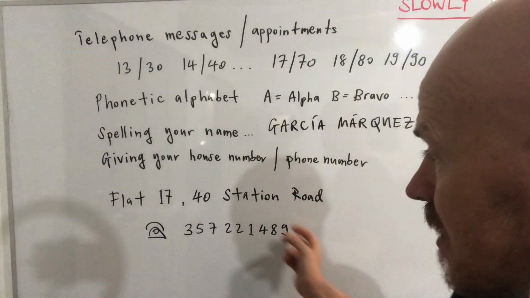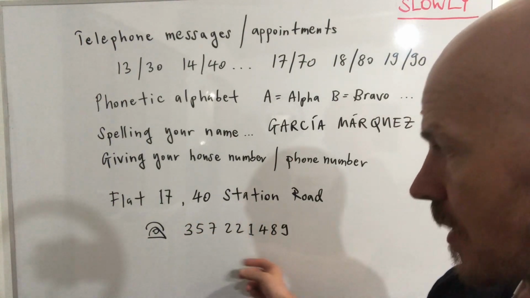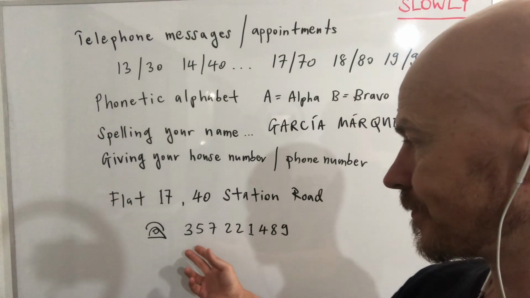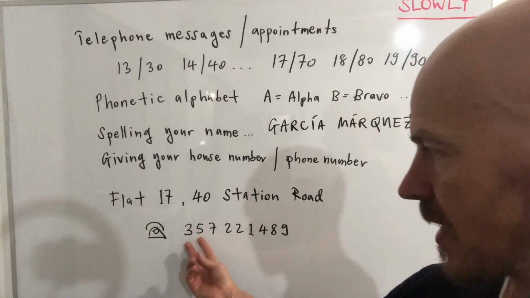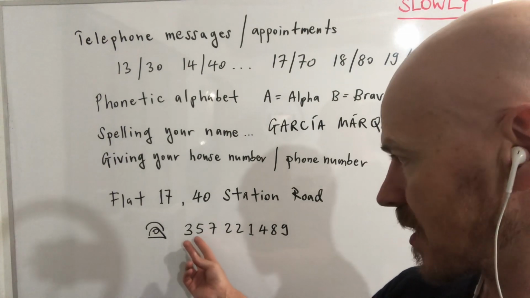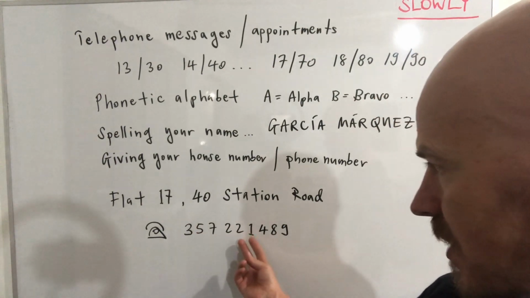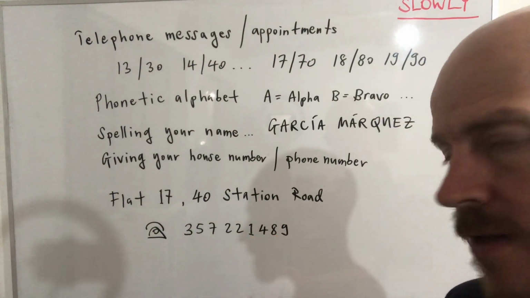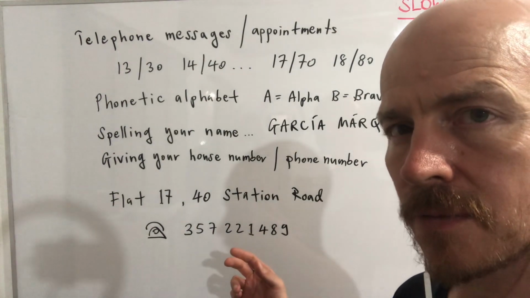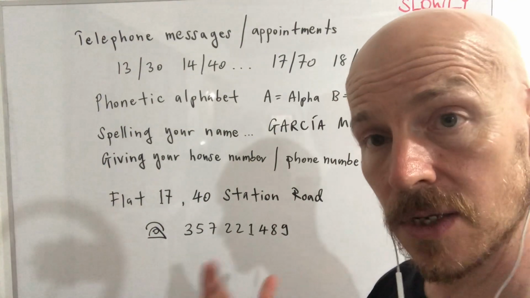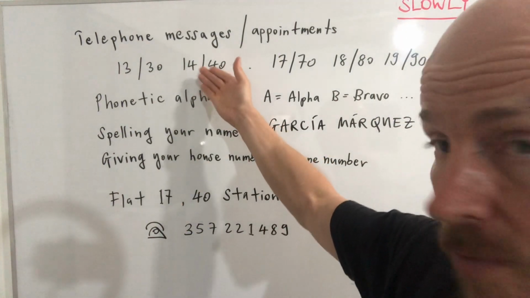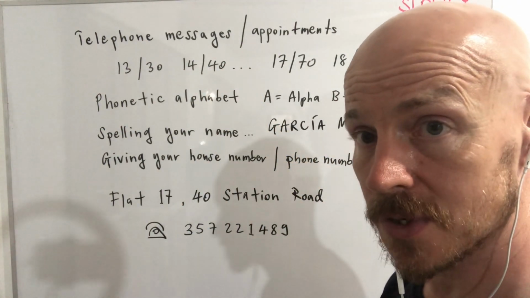And again, when we give telephone numbers, now I know commonly, particularly in Spain or other parts of Europe, we tend to give the numbers as groups. We would say this is like 35, 72, 21, 489. Again, in England it's easier just to give these as digits, because this stops us falling into this problem of confusion over the numbers.